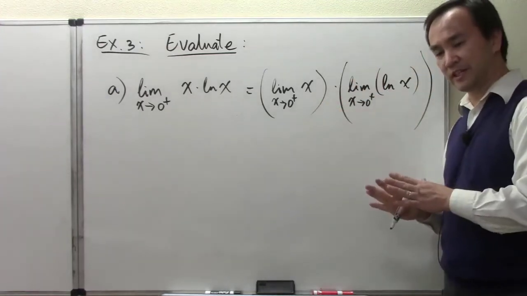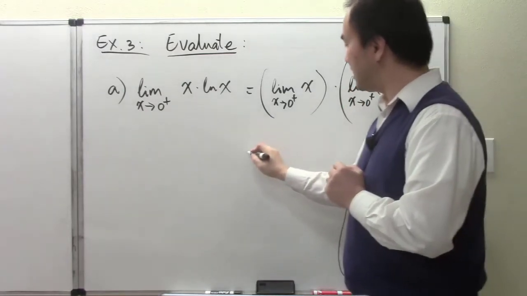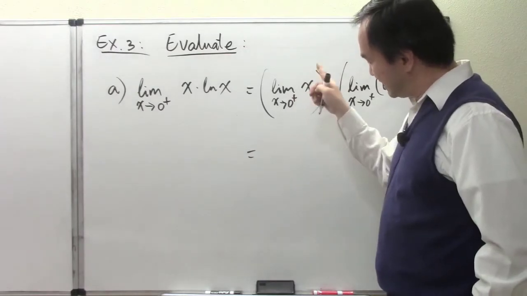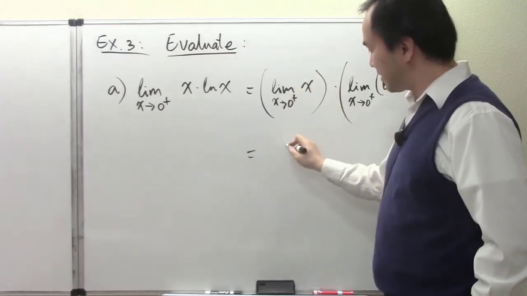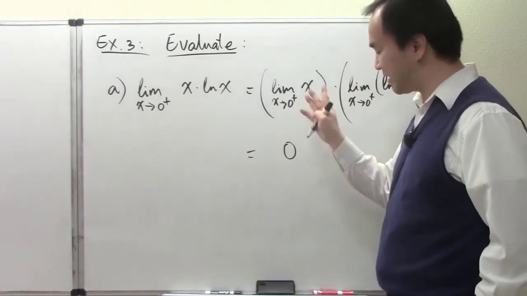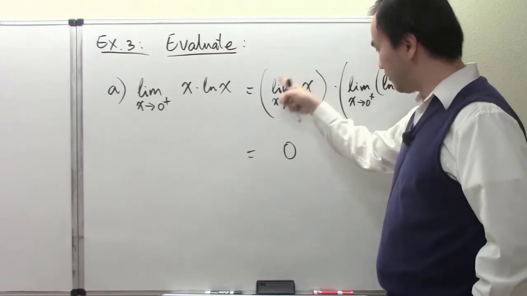That's the rule for taking limits of a product, a basic limit law. That limit here is 0, because we're letting x get close to 0 from the right-hand side, and so this overall is a 0.